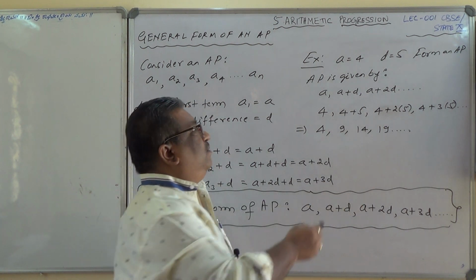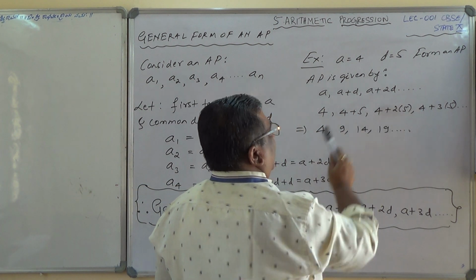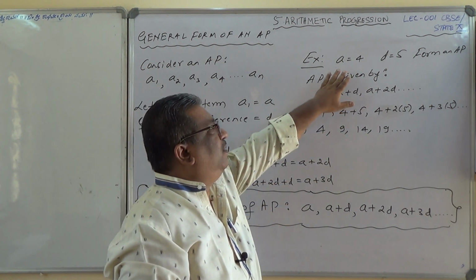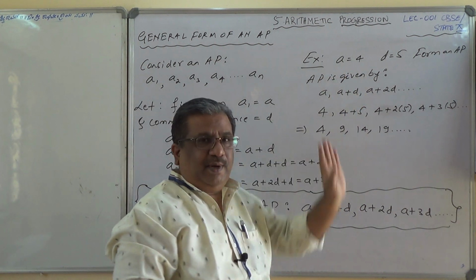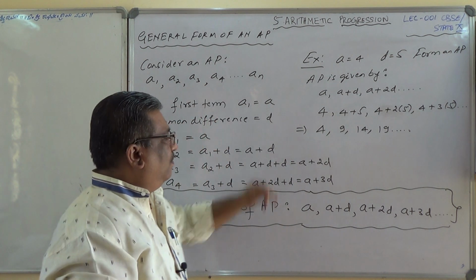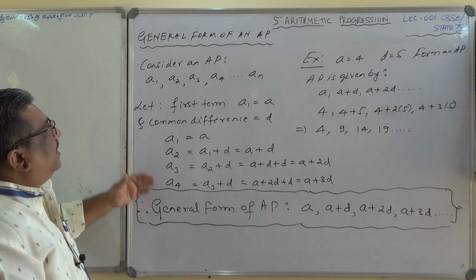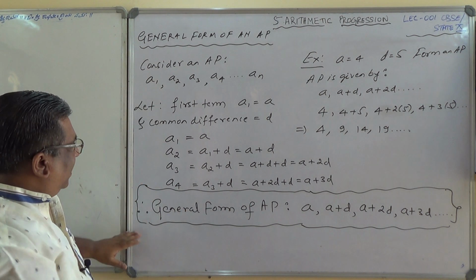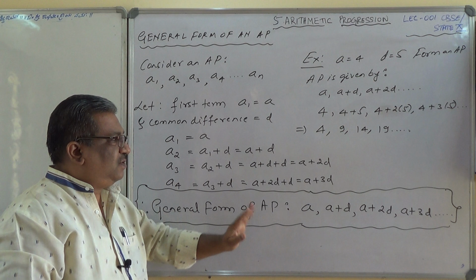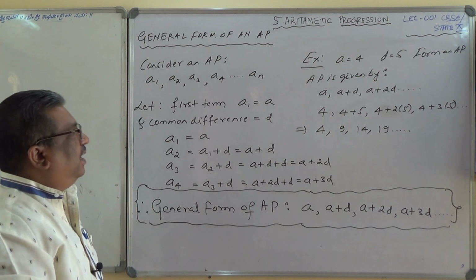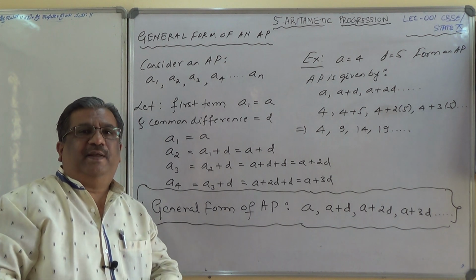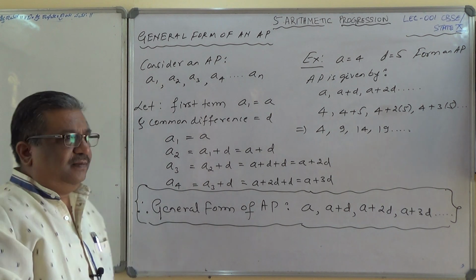So using the general form of an AP, we can form a list of numbers provided we know the first term and the common difference. Is it clear? So I hope you note down all these contents, and underline this one or block it as it is. The general form of an AP is so and so. Okay, so note it down, and then I'll take up how to find out the common difference for a given AP. Next one.